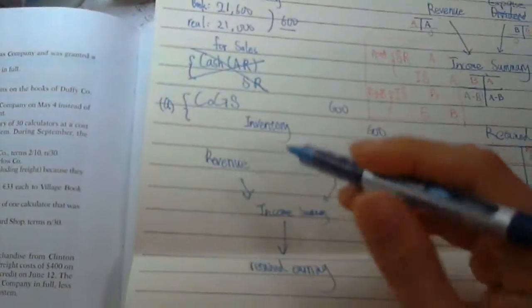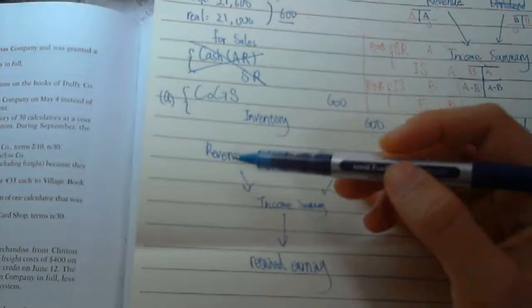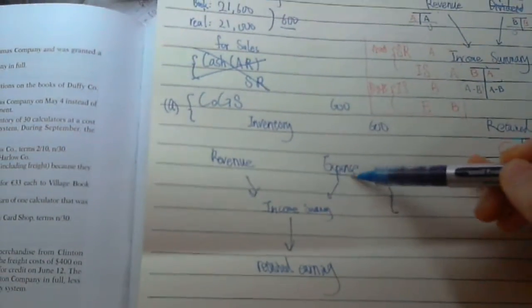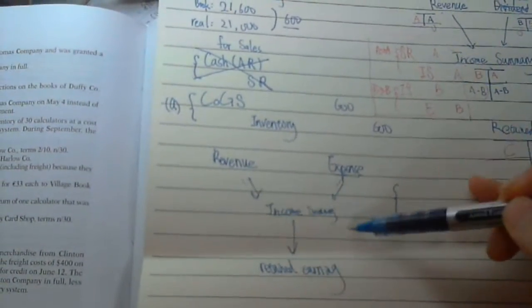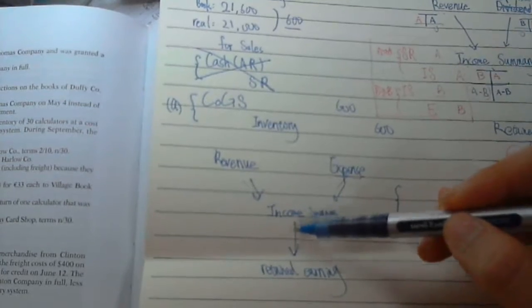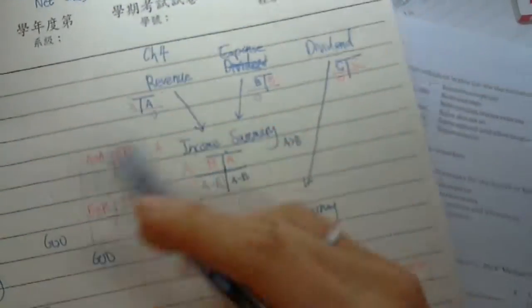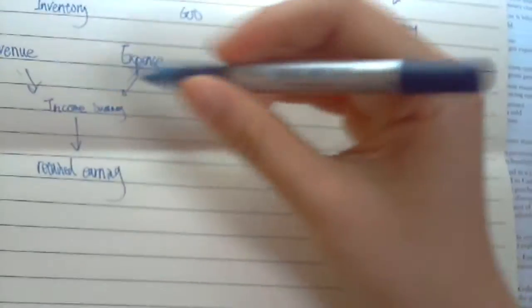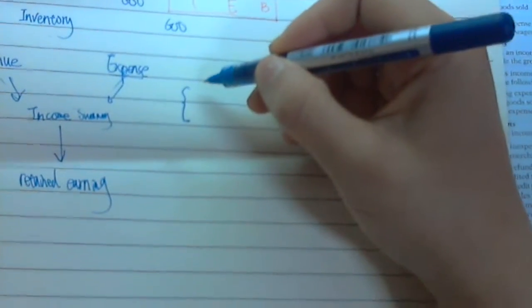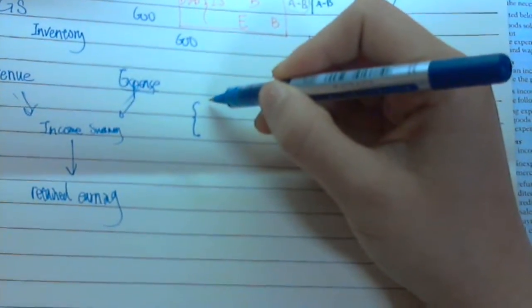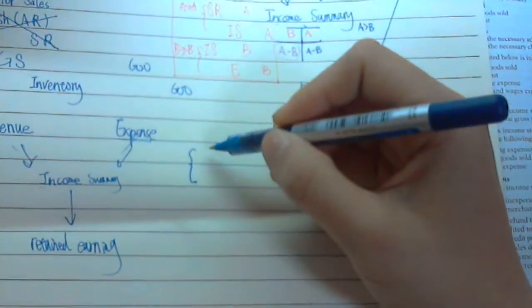Okay, so now we need to close the revenue and expense to income summary, then from income summary go to retained earnings. So the first one, okay, I need to see the question. Okay. So we will close the sales revenue first.